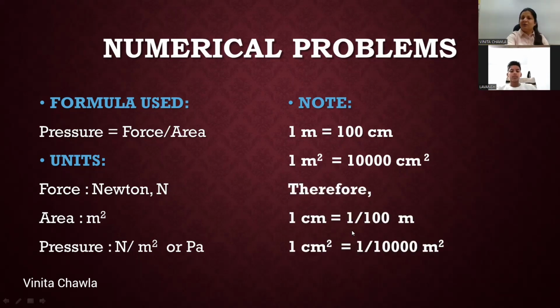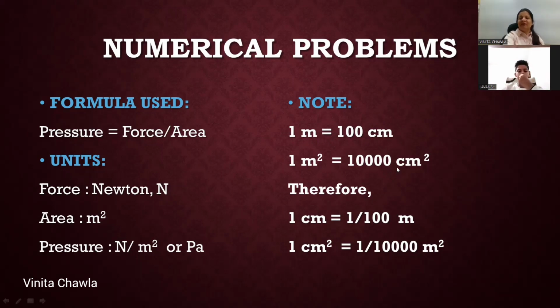We can write it like this as well. Because 1 meter is 100 centimeter, 1 centimeter will be, look at this, this 100 is multiplied by this, so we can move this 100 from here to there. Then 1 centimeter will be 1 upon 100 meter.